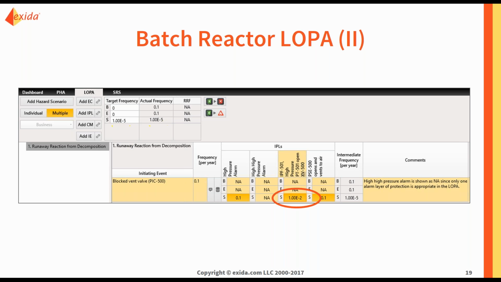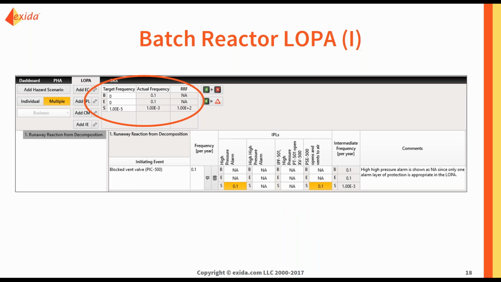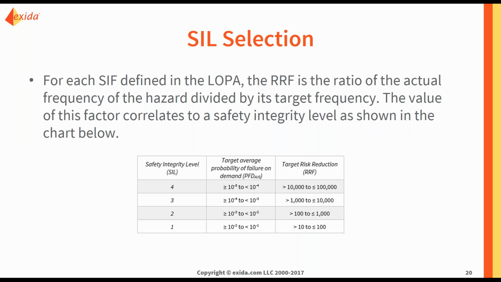Just to make this a little clearer, if I were to select more detail on IPF 501, in the LOPA tool, it would look like, oh, just one second. Let me explain a little bit more here on SIL selection.